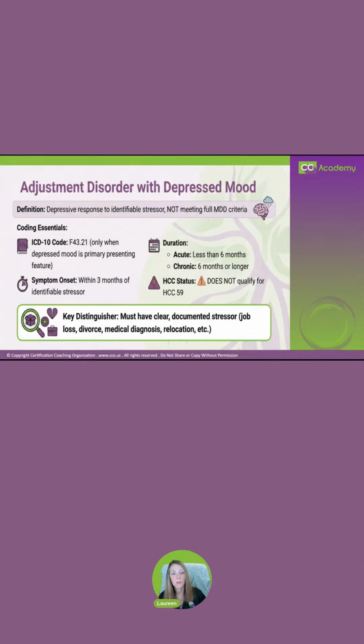But if you code major depressive disorder when it should be adjustment disorder, then you're overstating the severity and inappropriately affecting risk adjustment. And then you could be audited and have to give money back. So everything's about accuracy, the integrity of what really happened, that's being documented and coded and billed. So we want to get this right. And the key distinguisher here is that the stressor is documented for adjustment disorder.